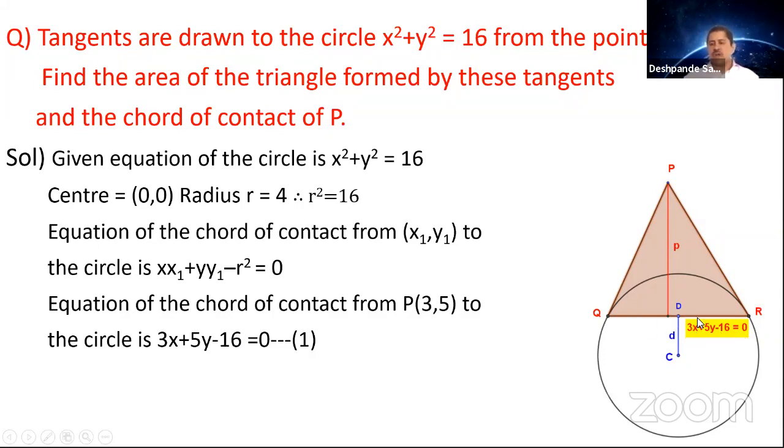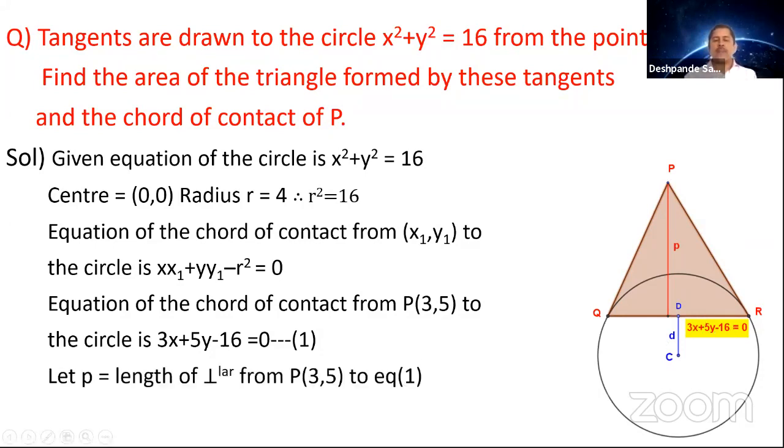Now it is not only the chord of contact equation you want, you want to find this length P. So what is this P here? This P is nothing but the perpendicular distance from the point capital P (3, 5) to the line, the chord of contact 3x plus 5y minus 16 is equal to 0. So let P be the perpendicular distance from which point, (3, 5), to which equation? The chord of contact. So how to get the perpendicular distance? You have a formula. You put the value of x1 as 3, y1 as 5.